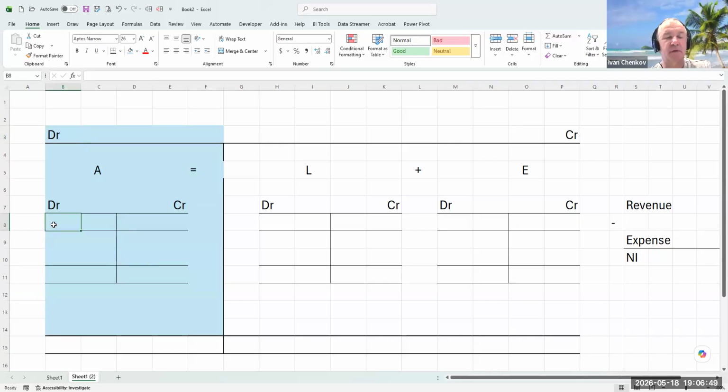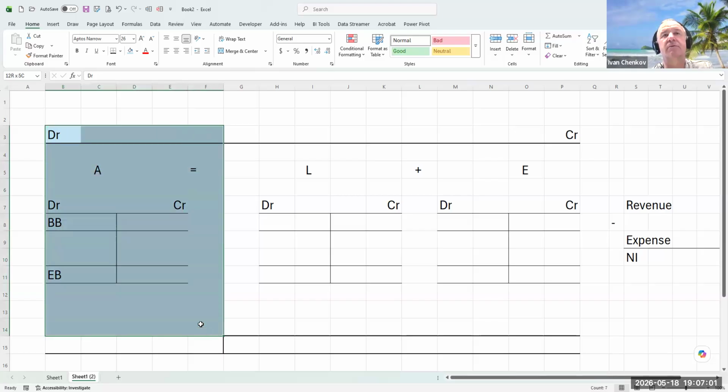That means the assets beginning balance is going to have debit, ending balance is going to have debit. BB is beginning balance, EB is ending balance. So now we know that the assets always going to have debit balance. No exception.